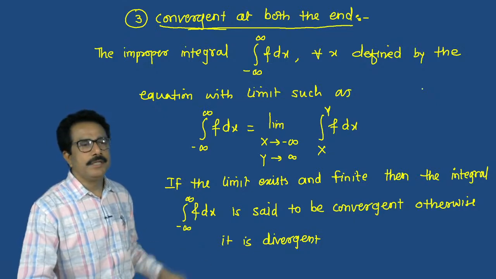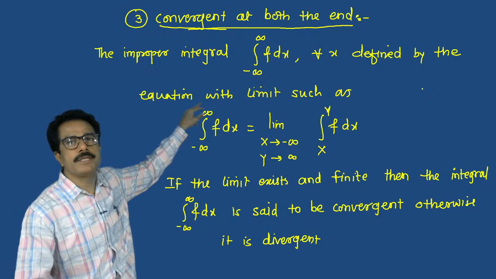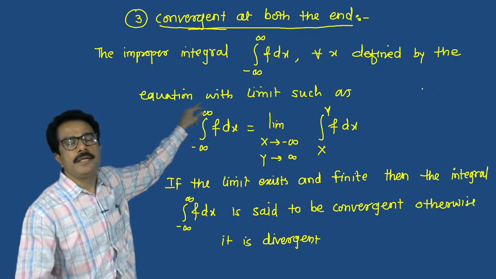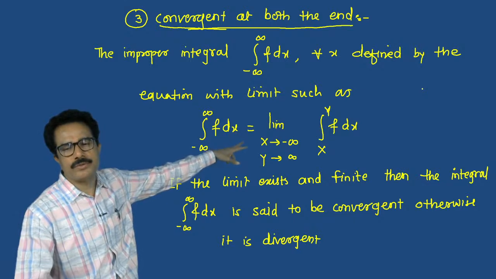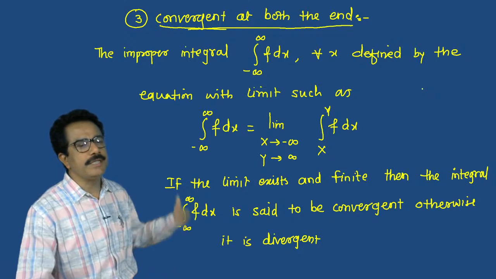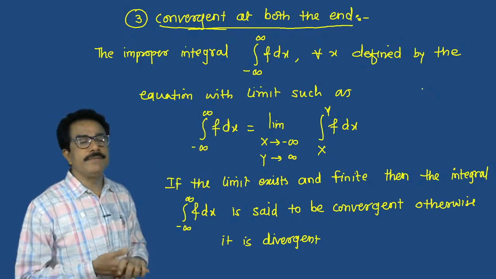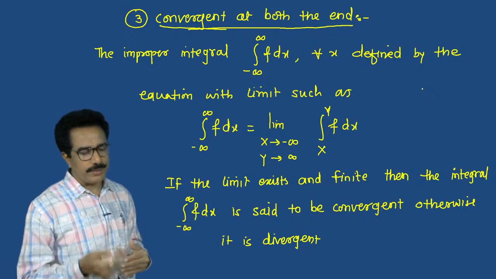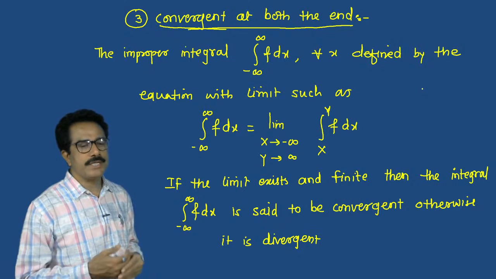Similarly, for convergence at both ends, minus infinity to plus infinity, take the limit as x tends to minus infinity and y tends to plus infinity of the integral from x to y of f dx. If this limit exists, then the given integral is convergent, otherwise it is divergent.